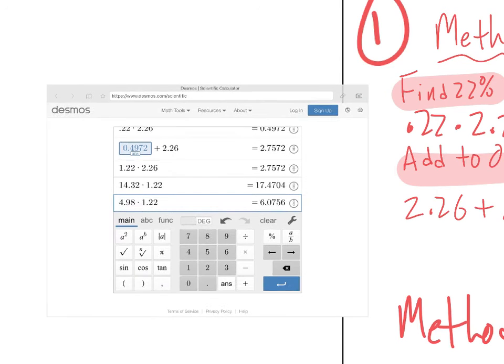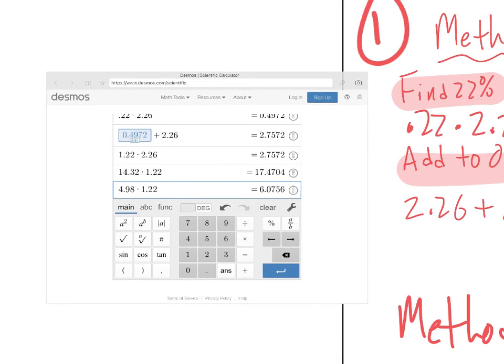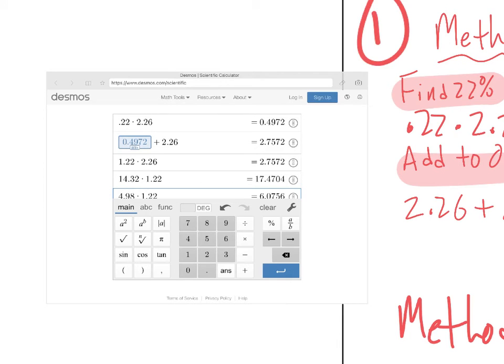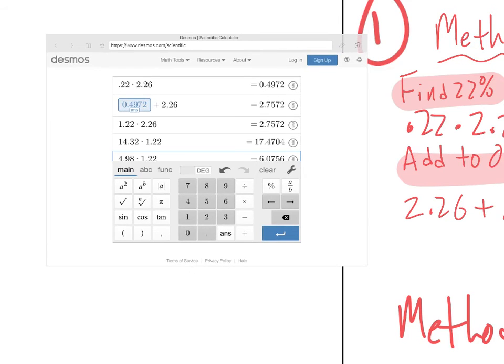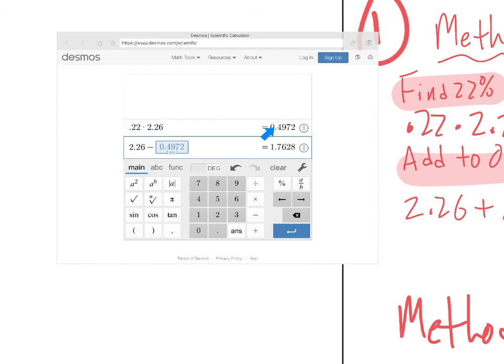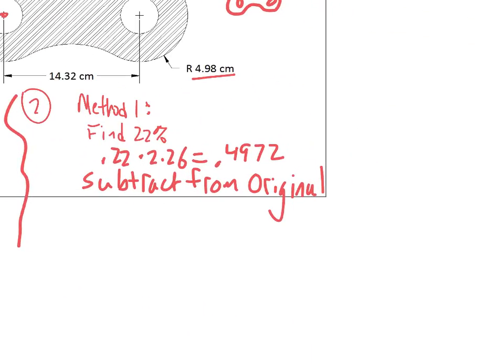Find the 22% and subtract it. So we go here. Okay, and so we had this number here, 0.4972. Okay, let's subtract that from the original. So we got 2.26. I just retyped in here to clear that junk out. And we subtract 0.4972, and we get 1.7628.